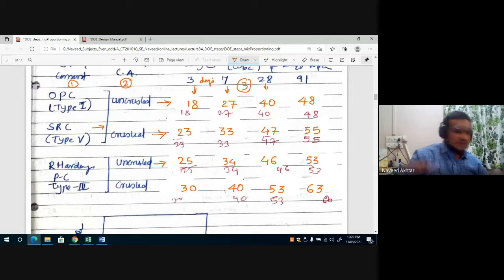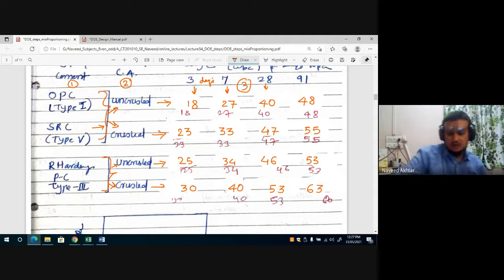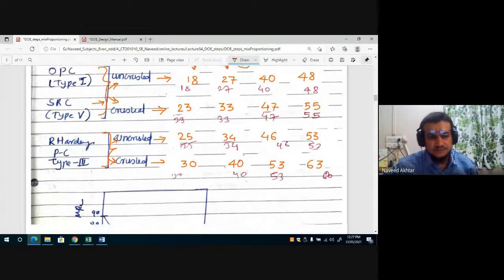So this is based on the type of cement and crushed and uncrushed aggregate. Here the type of cement, OPC and SRC, are common, and for crushed and uncrushed they are separated. So these are the values given in table number 2 of your DOE method manual.